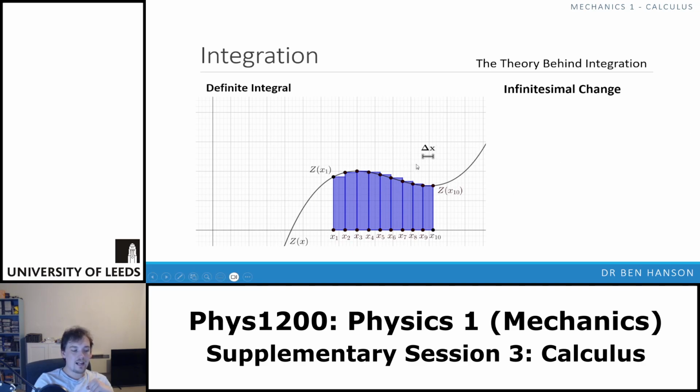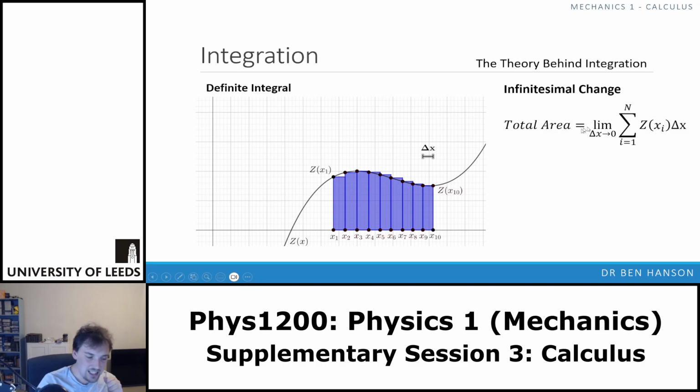So when delta x tends towards 0, we'll get exactly the area under the graph. So the total area is not only approximately equal to, it is exactly equal to the limit as delta x tends to 0 of the sum from i equals 1 over all segments of z of x times delta x.